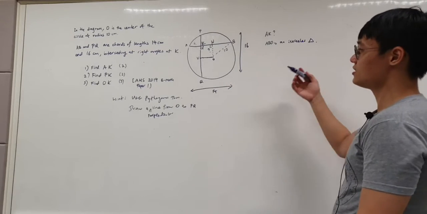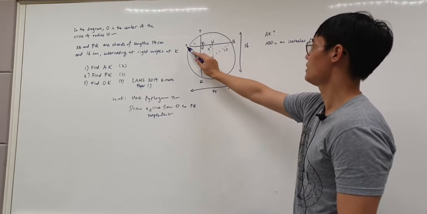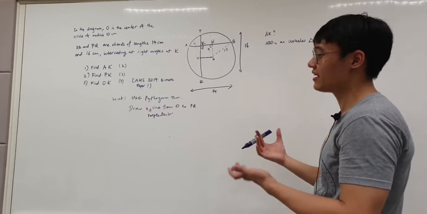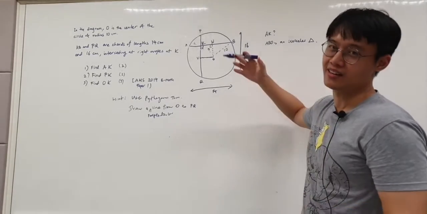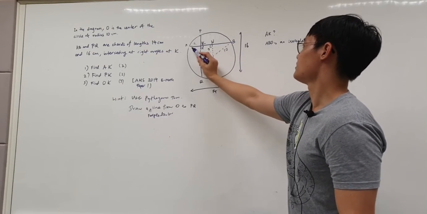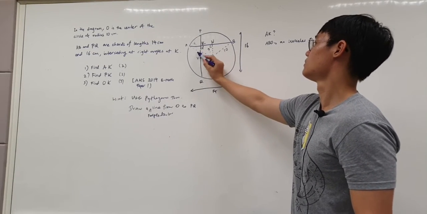Why is this so? It's because AO and OB have the same length, because they are in the circle and O is the center of the circle. So if this is 10, this must be 10 also.